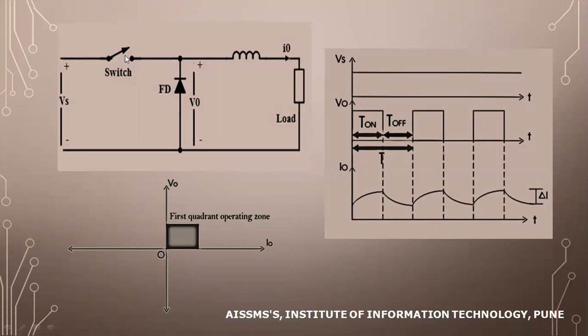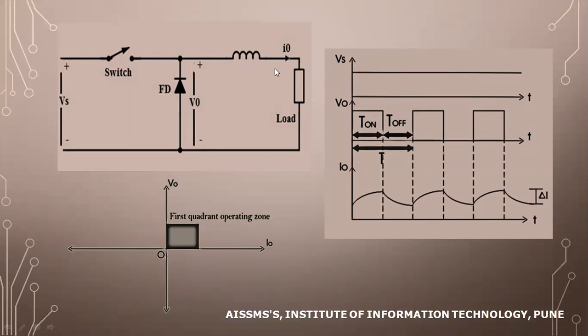Now when this chopper is turned off, suddenly the current flowing through this circuit will try to reduce to zero. So with this, the current flowing through this inductor will also try to decrease.